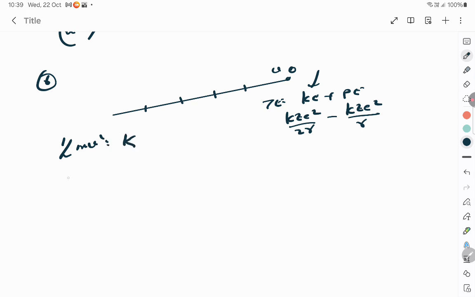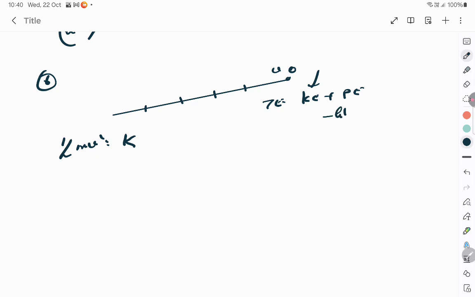Okay, and in this you're equating this kinetic energy to k z e square by 2r. How did you get this k z e square by 2r? Once again, I'm getting it. Sorry, in this lesson I just went to electrostatics by mistake.